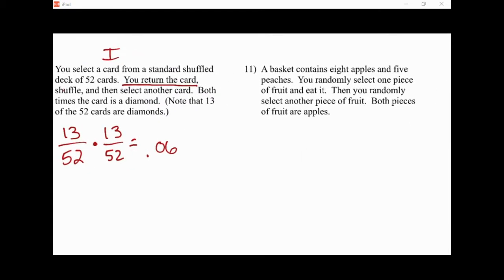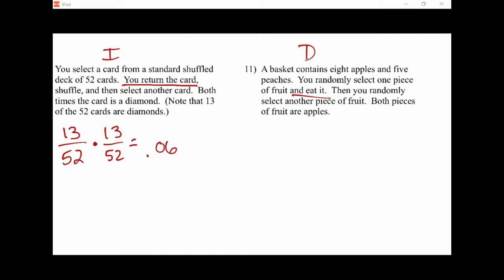Okay. So, a basket contains 8 apples and 5 peaches. You randomly select 1 piece of fruit and you eat it, so you're not putting it back. So this would be dependent. Then you randomly select another piece of fruit. Both pieces of fruit are apples.